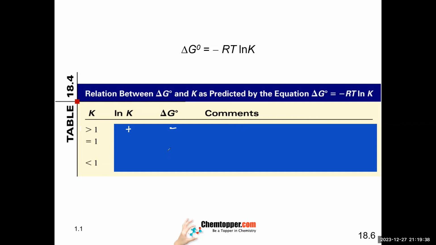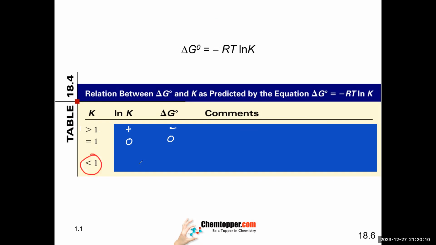Very good. If K equals to 1, this K is 1. What is the value of ln 1? 0. Ln K is 0. Delta G naught will be 0. So in that case, reaction is equally spontaneous in both directions. Delta G naught, that's why it is 0, right? Products and reactants are equal in amount. If K is less than 1, this condition, Jyoti, Sanvi, try to answer.